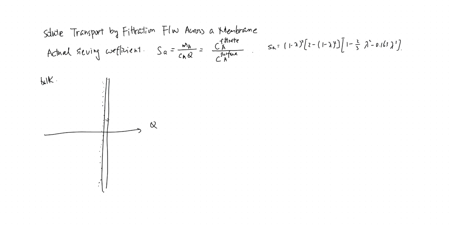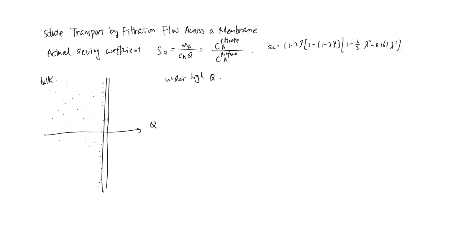However, sometimes when you have high filtration rates, you may not have a very good distribution of solutes. If your Q is so large, then the flow tends to push all the solutes quickly to the membrane.